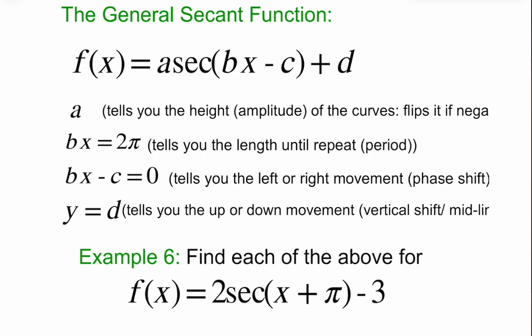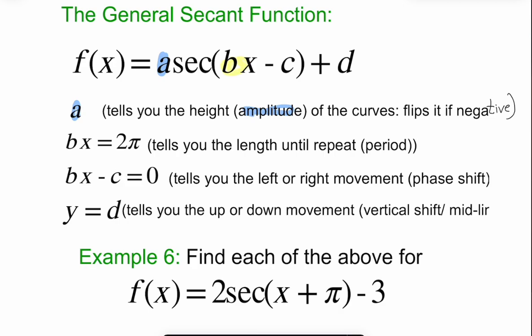Okay, so let's talk about what we know. So we're just going to highlight. If you want to get your highlighter out, remember that A, the front number, tells us the amplitude. Here, remember that it tells you how far away these bumps are from the center. Same thing like a sine or a cosine.